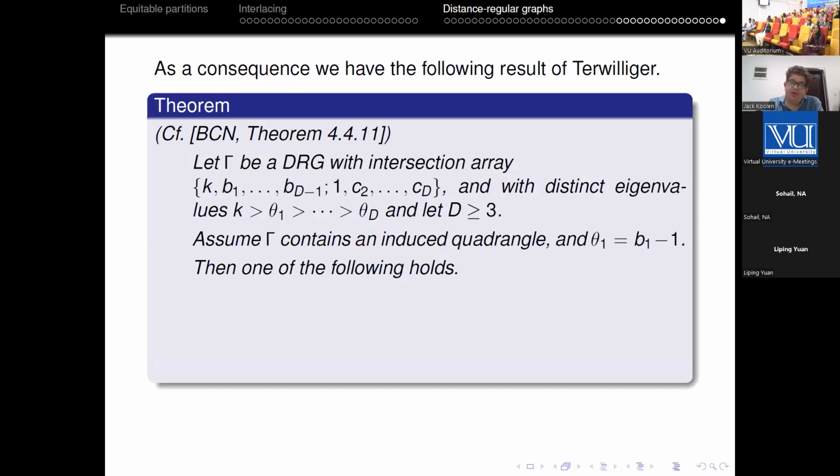So we have then the following result by Terwilliger. It is, for example, 4.4.11. In 4.4.11, they have also a case when there is no quadrangle, or c2 is 1, or the diameter is 2. They have more cases in there, but if you only look at the induced quadrangle with diameter at least 3, you get the following.